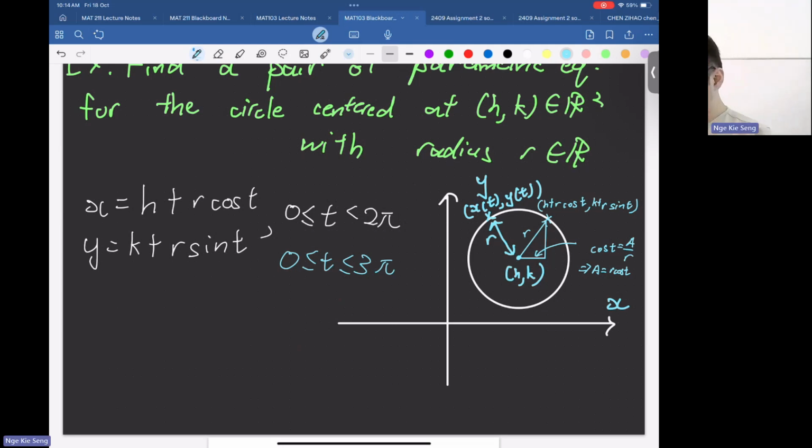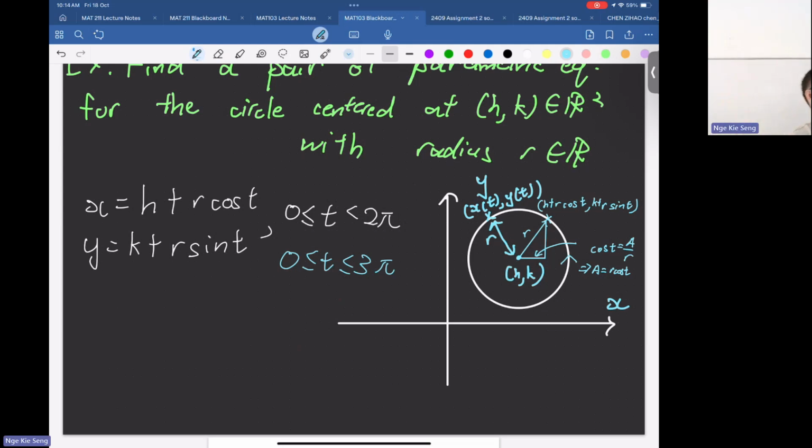So there's an orientation on this curve. Going clockwise again. From here, you can also deduce the general formula for a circle centered at (h, k) with radius r in terms of x and y only, right? You know how to do it?